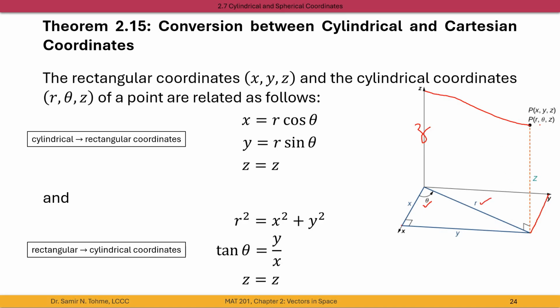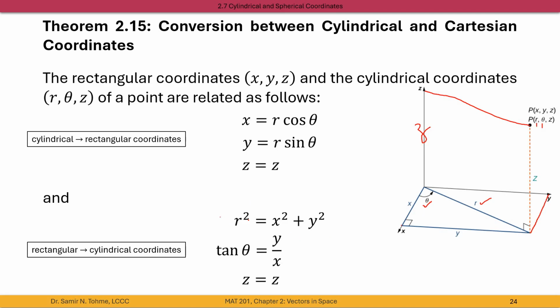To find r and theta from rectangular coordinates, we can use this equation, which is given by the Pythagorean theorem. In this right triangle, r squared, the square of the hypotenuse, is equal to the square of the second side plus the square of the third side.